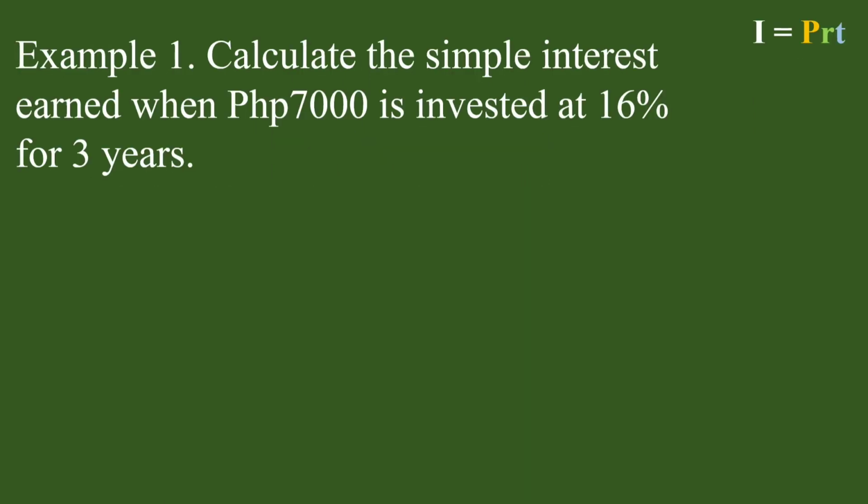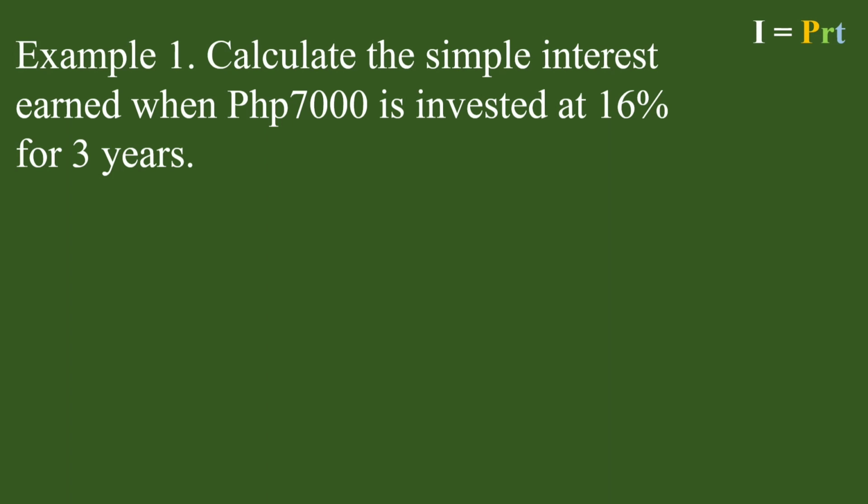Now let's try to use the formula I equals PRT in solving this simple interest problem. Okay, the tip is to write, of course, the given and identify what is being asked in the problem. So in this problem, you are asked to calculate the simple interest.